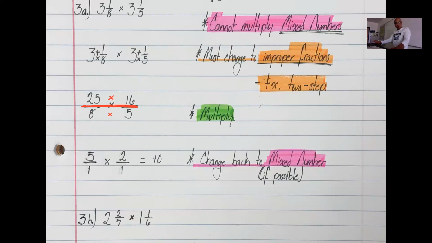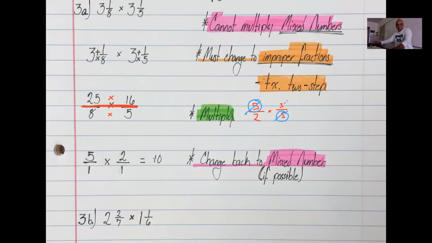For example, if I was multiplying something like 5 halves and 3 fifths, notice how in this example, I have a 5 in the numerator and a 5 in the denominator. I can cross those out. They cancel each other out.